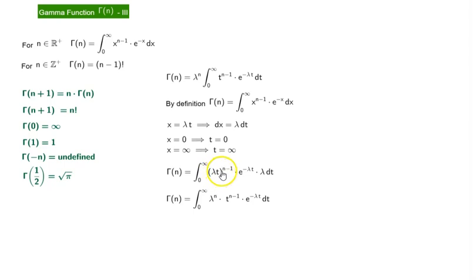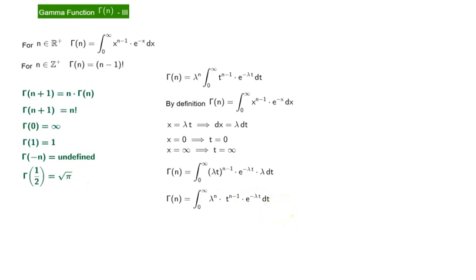Simplifying this or splitting this, we have lambda to the power of n. How? Because here you have lambda to the power of n minus 1 and here you have lambda. So n minus 1 plus 1 gives us n. So lambda to the power of n times t to the power of n minus 1 times e to the power of minus lambda t dt.